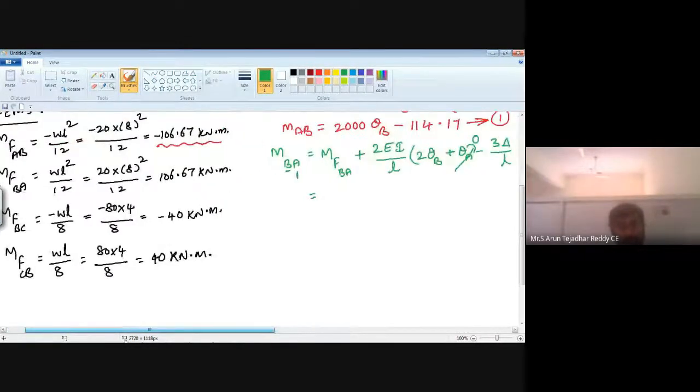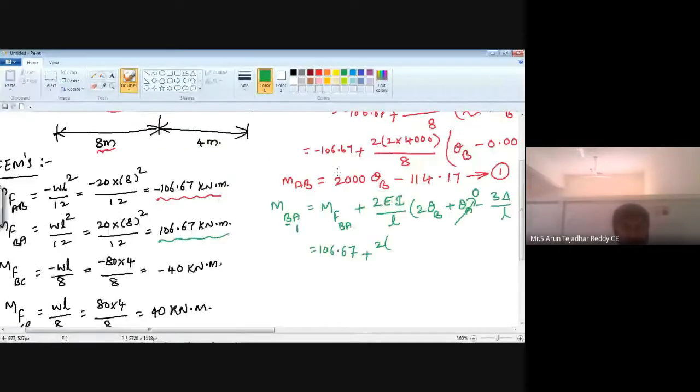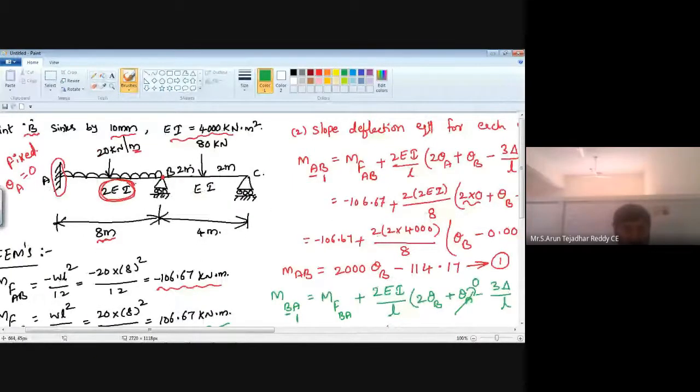Now, what about MFBA? Here MFBA is 106.67 plus 2 into, see this is BA span, so B to A, again we have 2EI. See, A to B as well as B to A is 2I, there is no change.